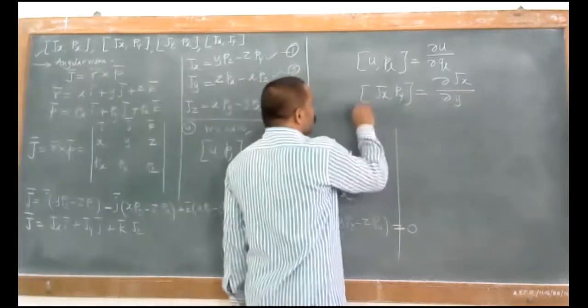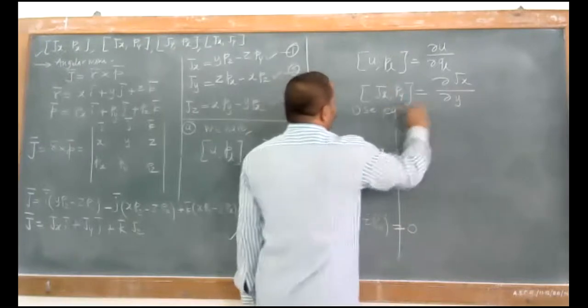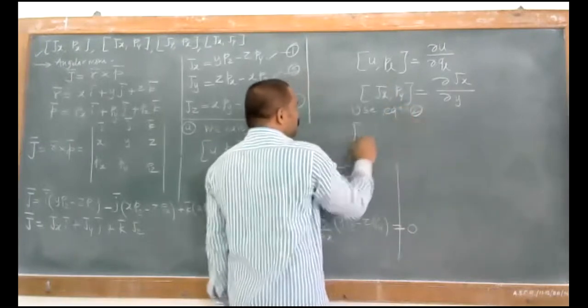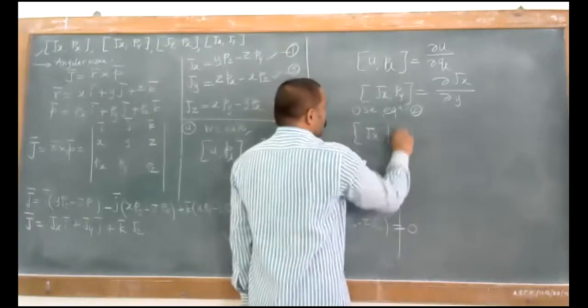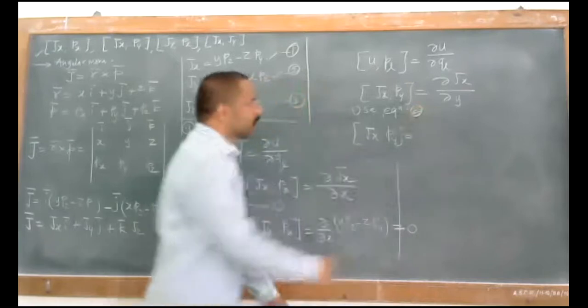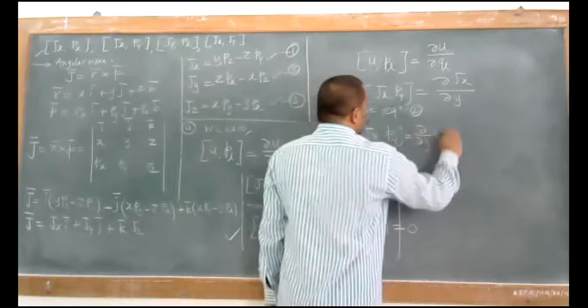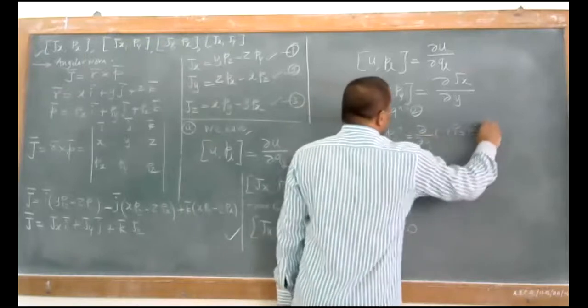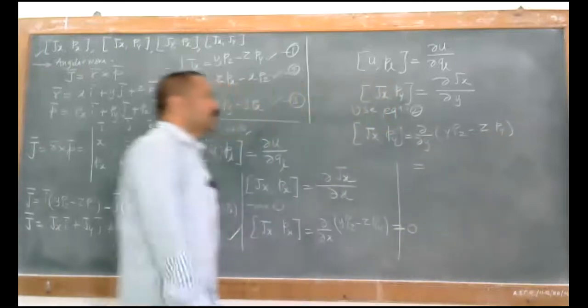Use your equation 2. By using equation number 2, you can have the condition that jx py is equal to, what is that? Gamma by gamma y, and that varies with respect to y of pz minus z py. So what is this value?